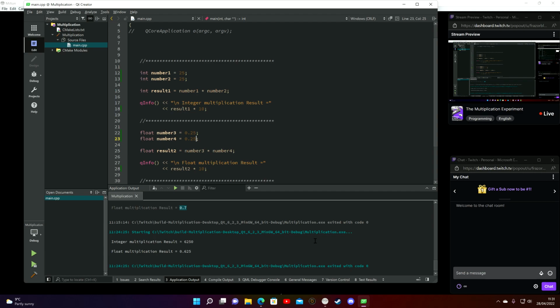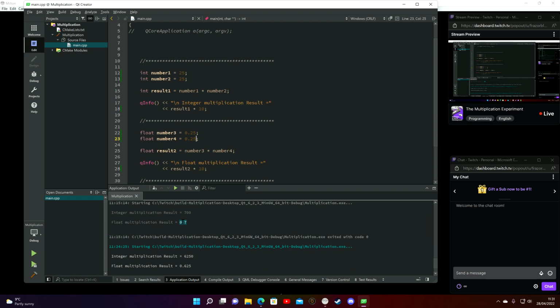So that's why I said I knew that it was lying to us. That number there, it's lying to us. That 0.7 doesn't exist in memory. In the computer's memory, that 0.7 cannot exist. That's interesting, isn't it?